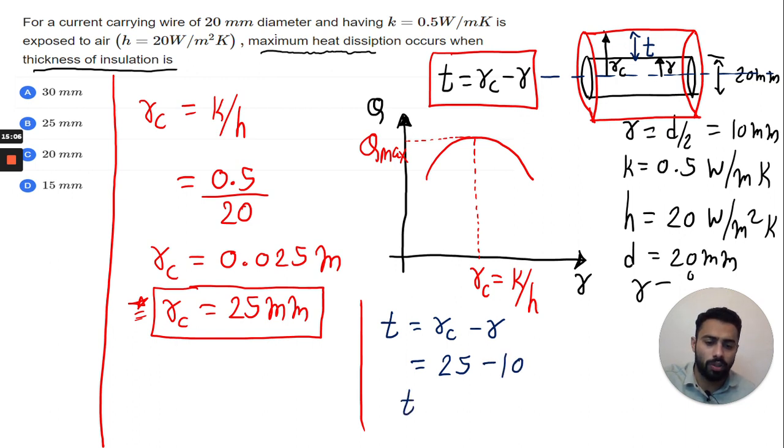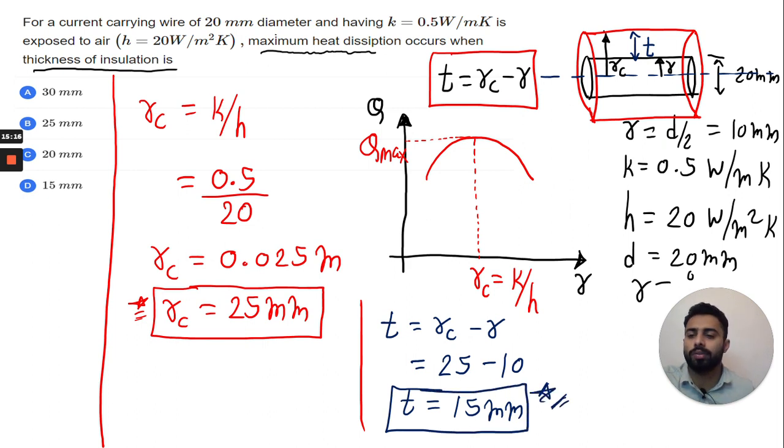So the thickness of insulation is 25 minus 10. Very simple. It's 15 mm. This is the final answer to our question, the thickness of insulation. So option D will be the correct answer for this question.